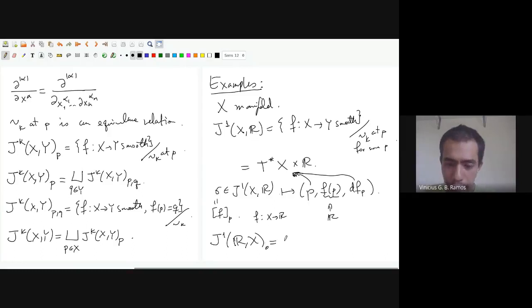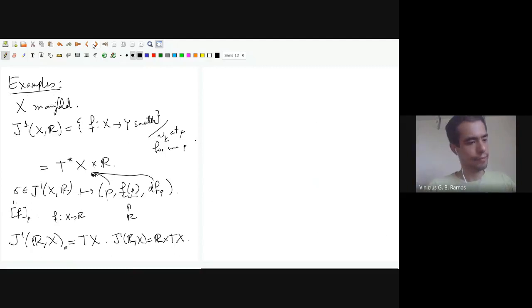So this is the same as the tangent bundle to X. So, similarly, if you take the whole jet one bundle, you get R times TX. Is this clear, or would you like me to say more? Okay, so that's the one jet bundle. Let's talk about more, and let's get some more examples.